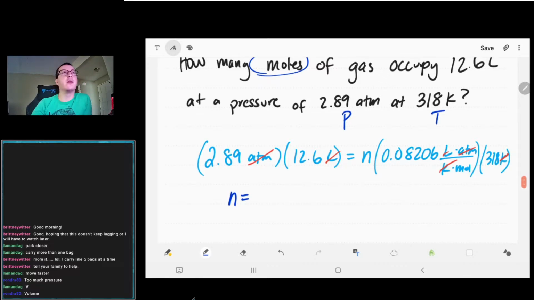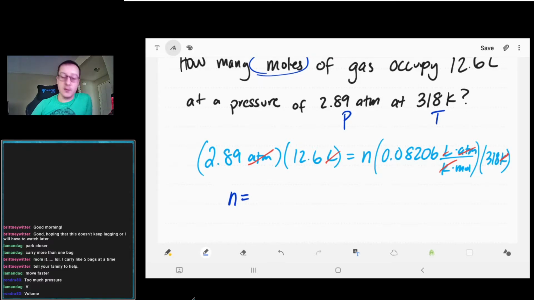I'm going to do it real quick. So we had 2.89 times 12.6 divided by 0.08206 divided by 318. Oops, I didn't have numlock on. Sorry about that. 12.6 divided by 0.08206 divided by 318.